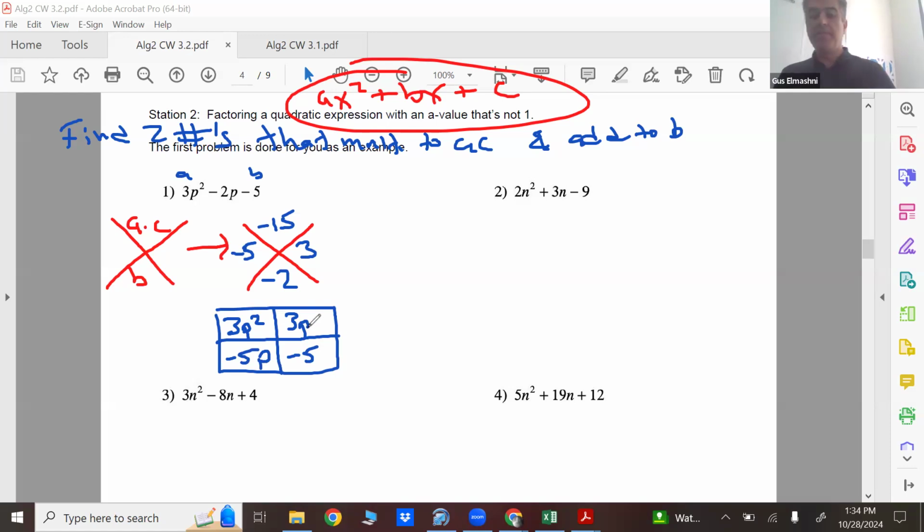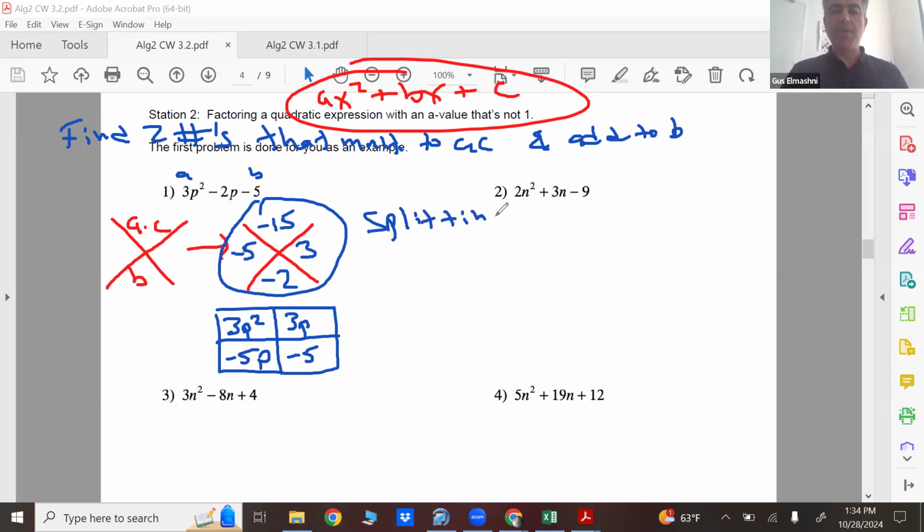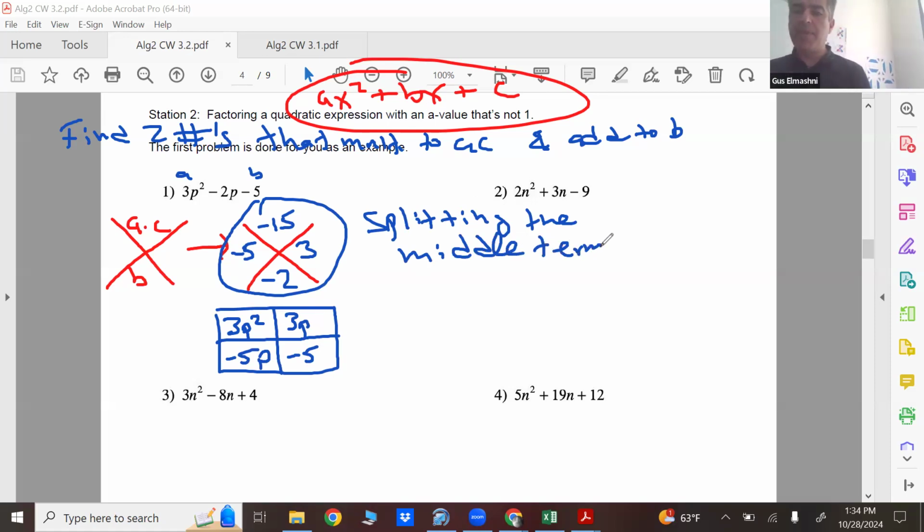But this process has a name: it's called splitting the middle term. So there's a rhyme and reason to this. You've taken -2p and split it into -5p and 3p. And why is it split that way? Because it's going to guarantee that we multiply 3p squared and -5 when we have our final answer.